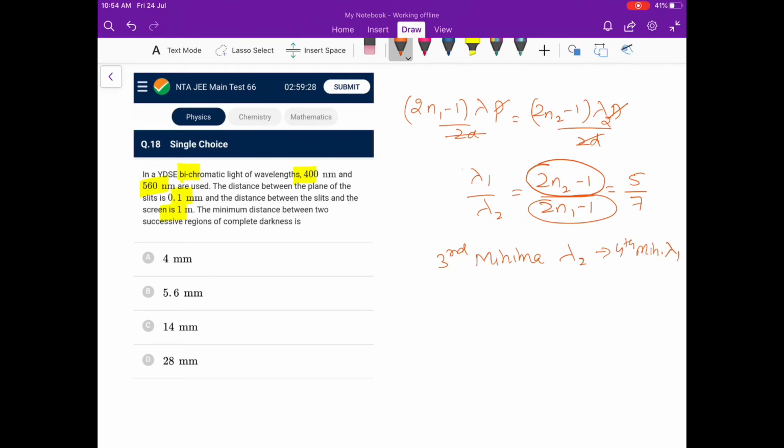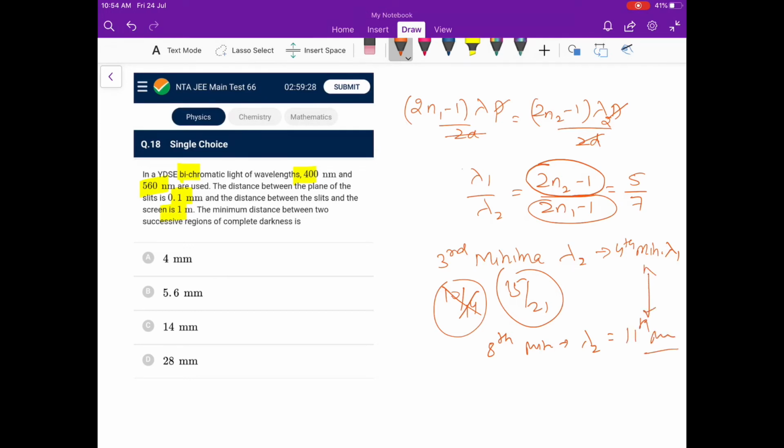Now the next will be possible when this 5 by 7 becomes 10 by 14, but 10 by 14 is not possible because this should be an odd number, so I'll reject that. Next would be 15 by 21. If that ratio comes, then 15 plus 1, 16 by 2, that is the 8th minima of lambda 2 will coincide with 21 plus 1, 22 by 2, that is the 11th minima of lambda 1.